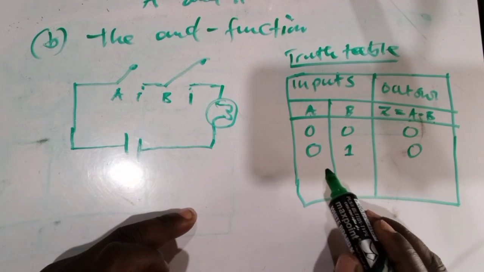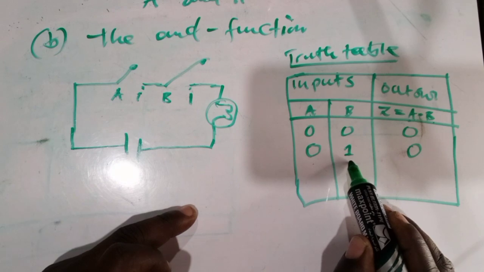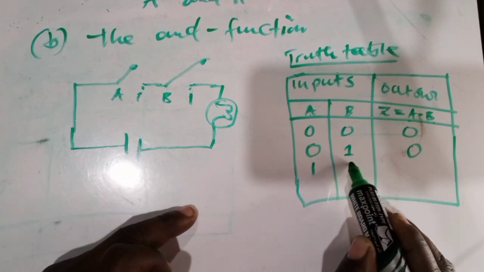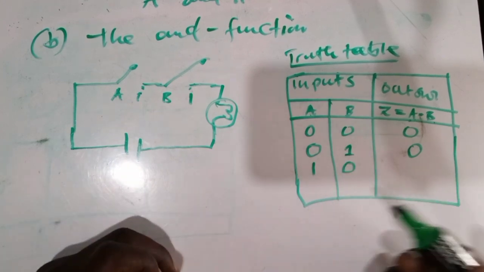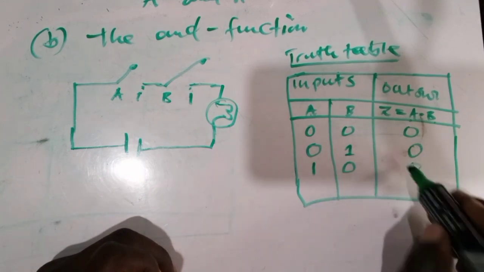Then what if we close A and leave B open? It also means the same. The answer will be 0, because 1 times 0 is 0.